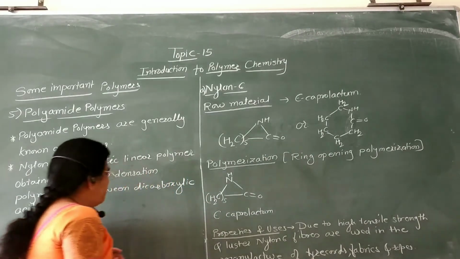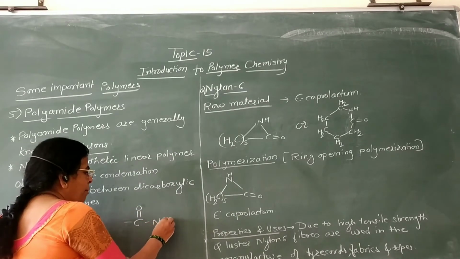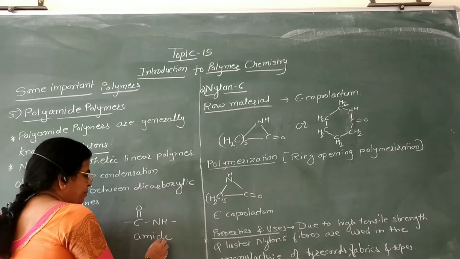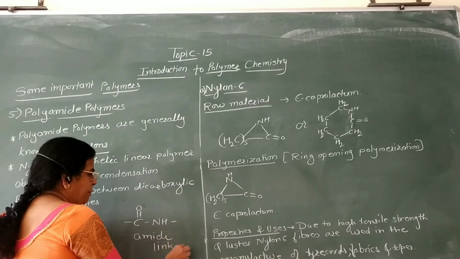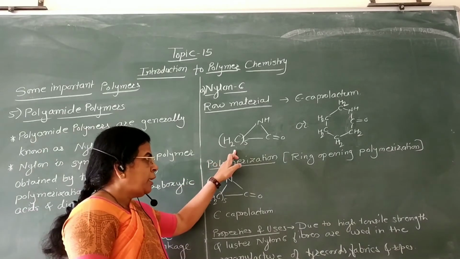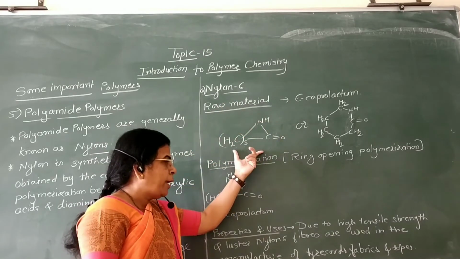These polyamide fibers possess the CONH or amide linkage in the polymer. This is the raw material used for the preparation of nylon 6, epsilon caprolactam.